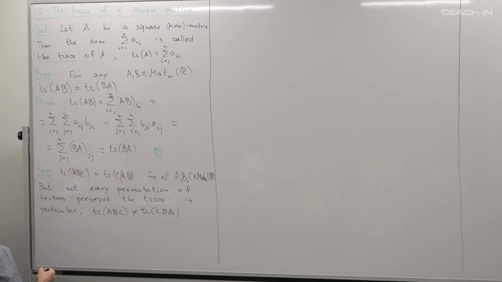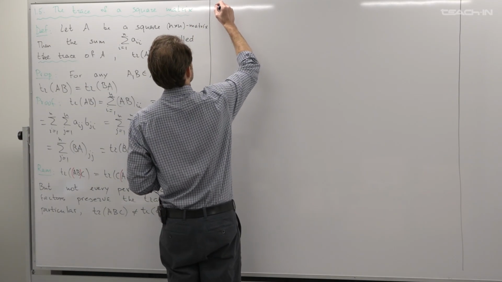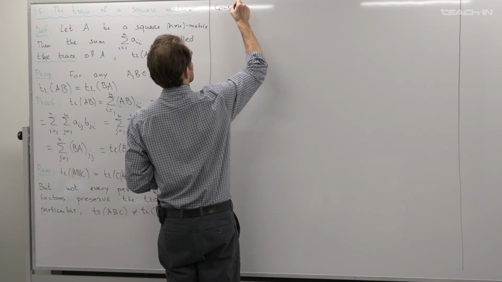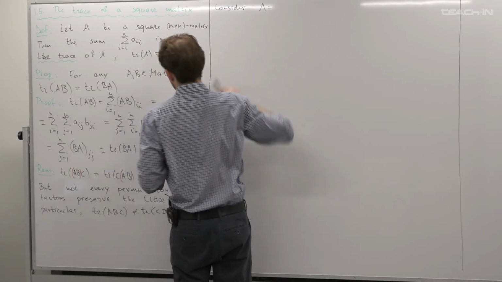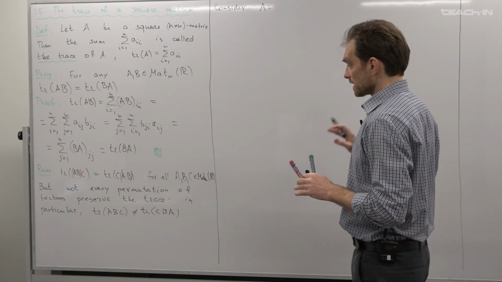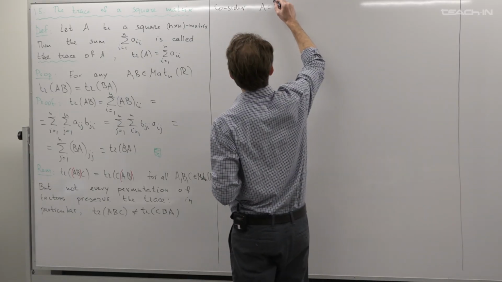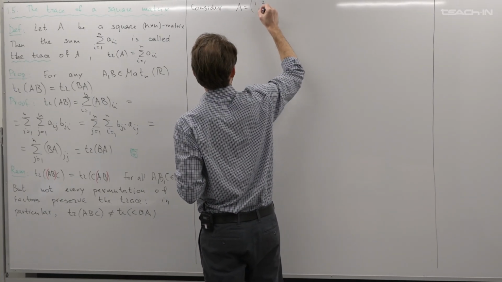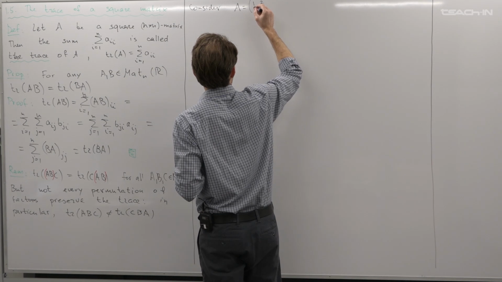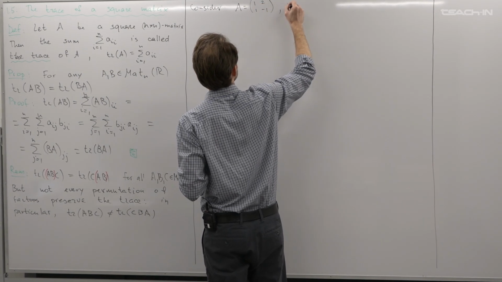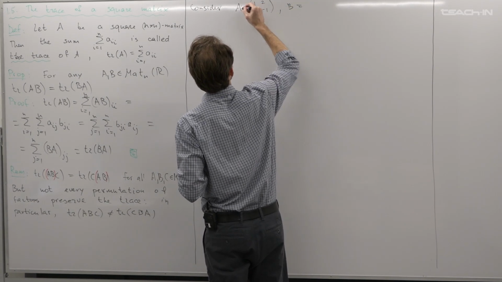So let us try to verify this by some particular example. Consider matrices A. I'm going to consider the simplest case, the 2 by 2 case. So A would be something like 1, 2, 1, minus 1.